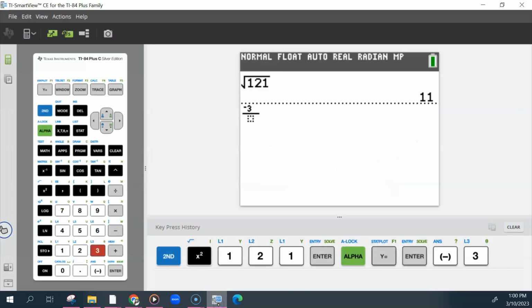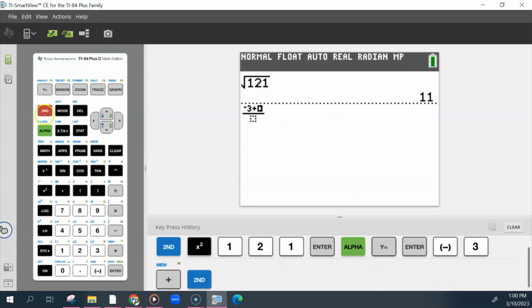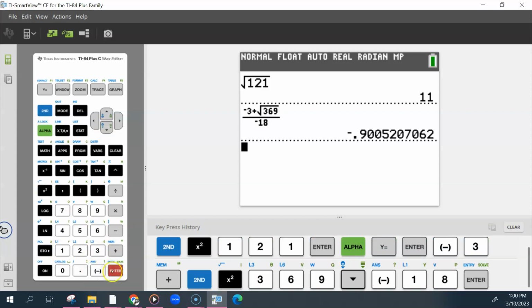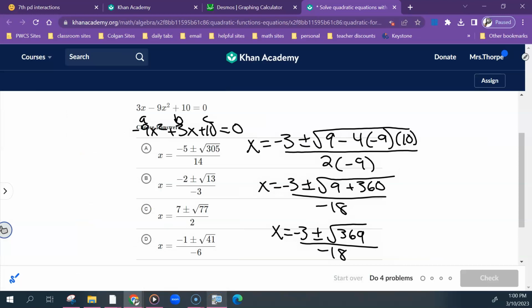The negative 3, I'm just going to do plus the square root of 369 all over negative 18. So we have our decimals. Then we can guess. If we think we know it might be this one, we can try that one first, or it could just be a guessing game and try them all. Which one do we want to try first? How about B? Okay.